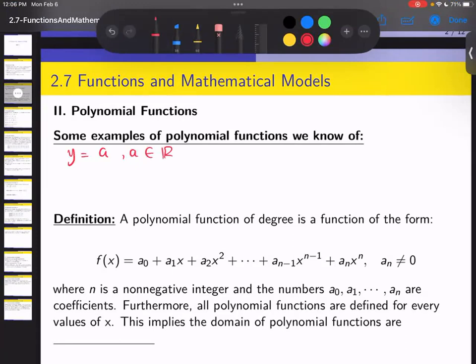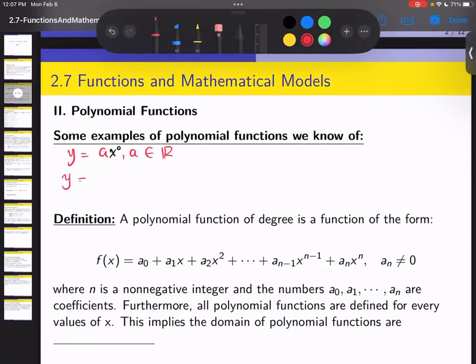What's the degree of the constant function? It's a polynomial, so it's going to have a degree. So what is the degree of the constant function? You did it on your exam, and most of you got it right. 0, right? I can rewrite this as a times x to the 0. x to the 0 is 1, so just a.